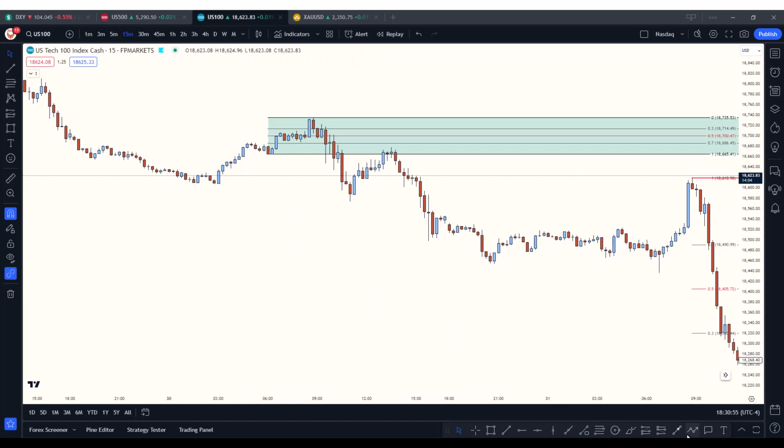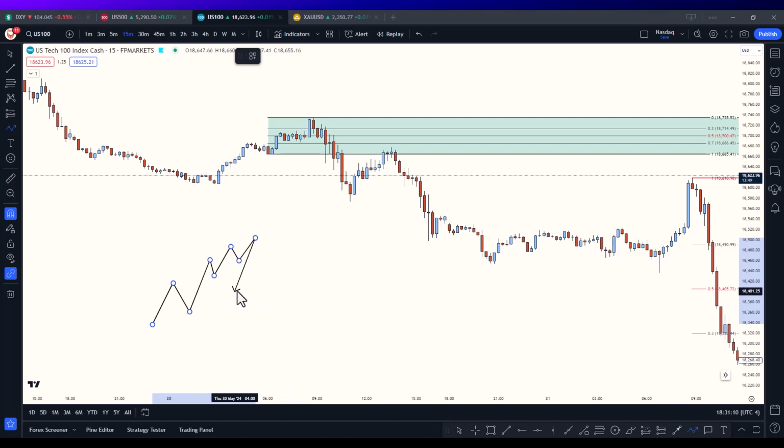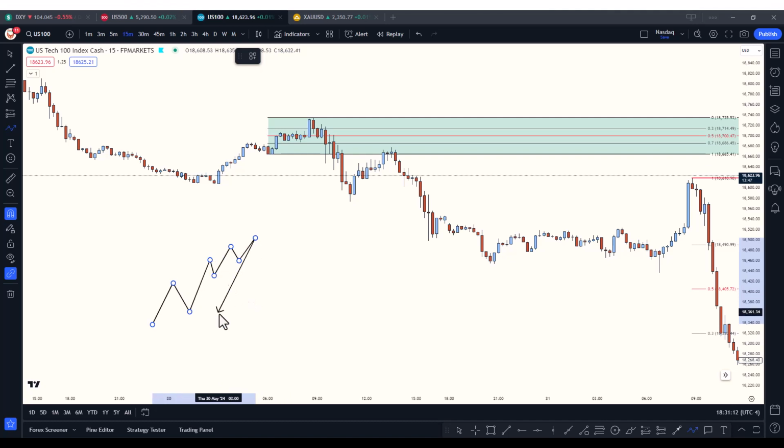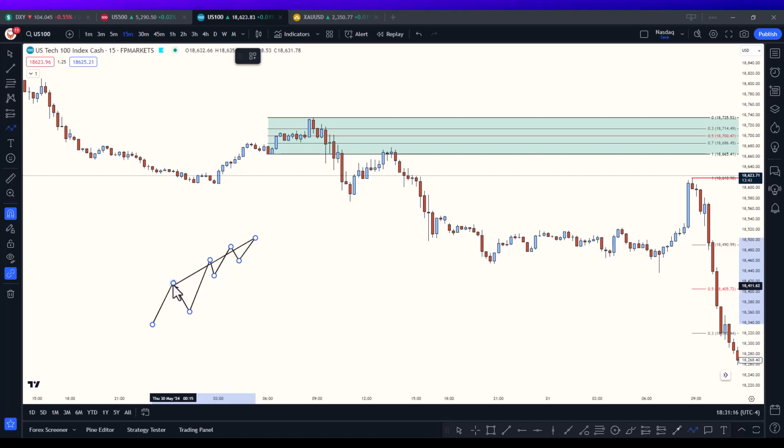So as we have this rule, that if we don't mitigate the zone and we start making higher highs, we expect price to mitigate the zone below the 50% of this move.